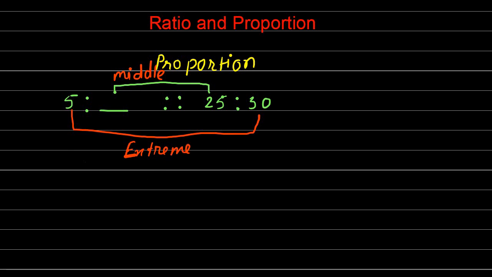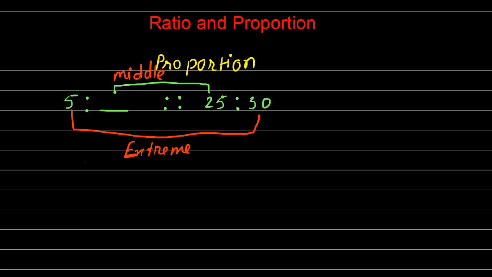Now why did I write all these names? Because the product of the middle terms should be equal to the product of the extreme terms.